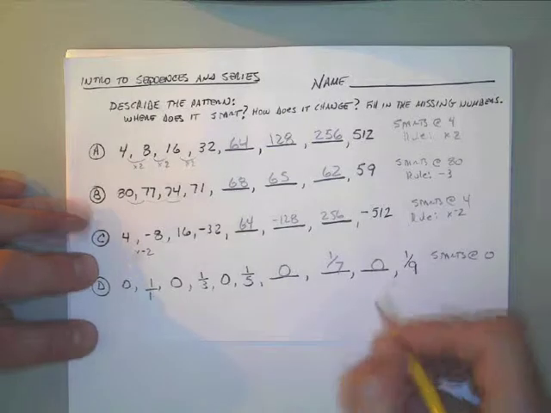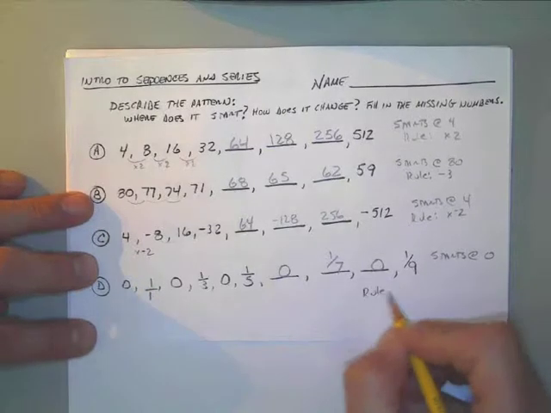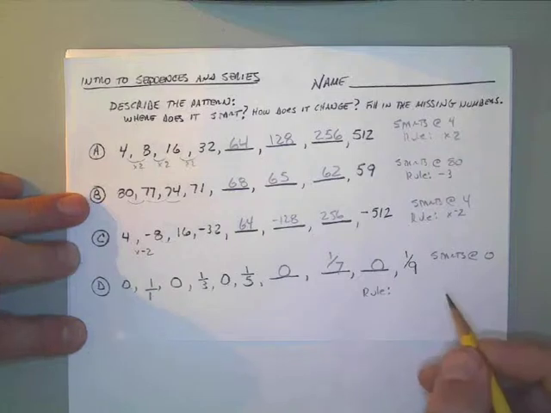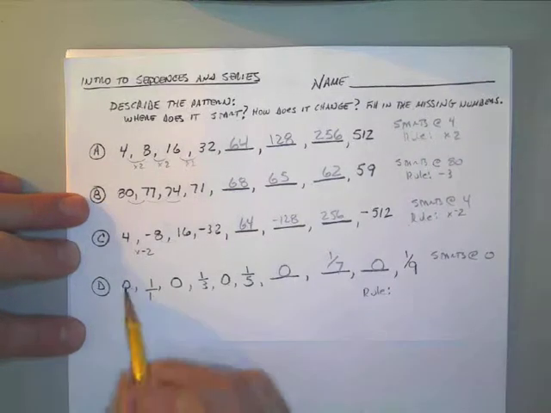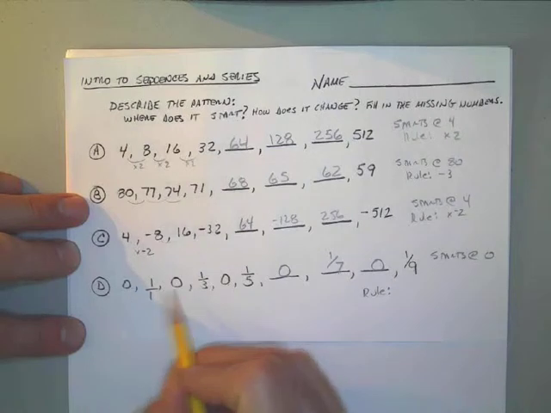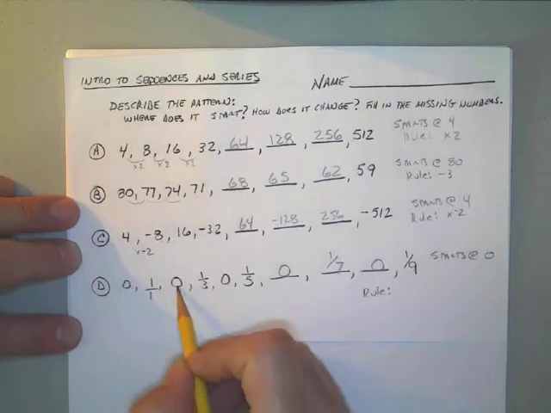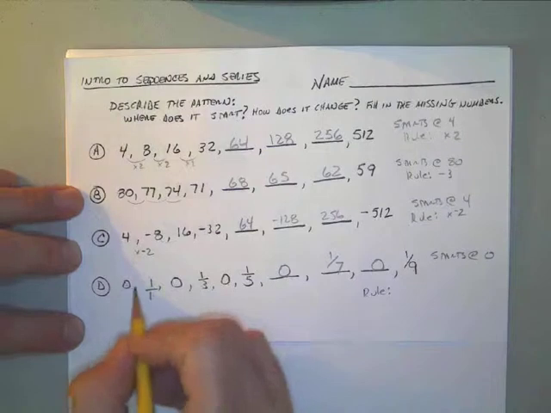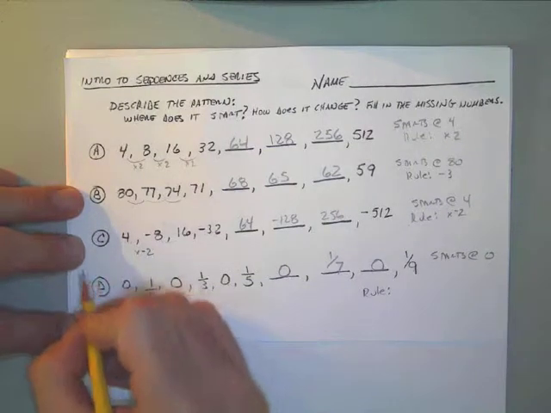Now this rule, I think, is a little trickier. Let's take a look at it from this standpoint. If 0 is a term, and 1 over 1 is a term, and 0 is a term, then we can number the terms starting at the beginning.